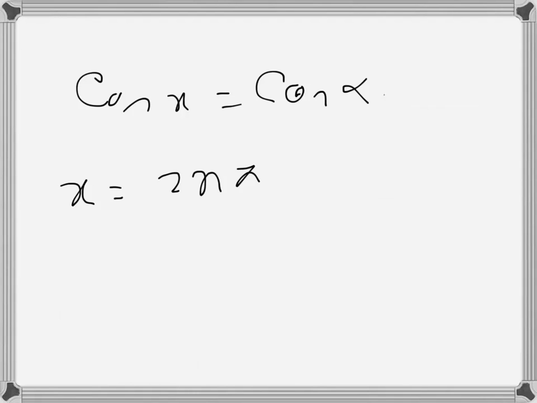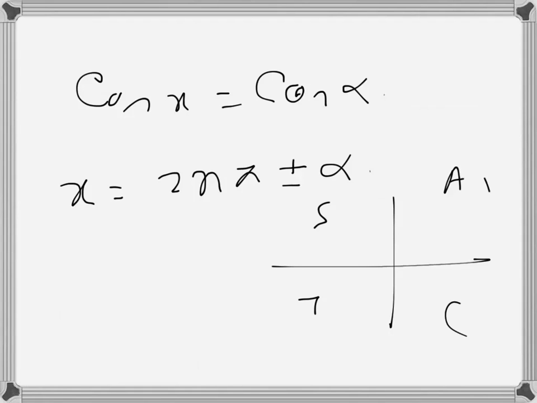Similarly, for cos, let's say cos x is equal to cos alpha. The general solution is x equals 2n pi plus minus alpha, because for cos, by ASTC, this quadrant and this one are positive. When n is equal to 0, the angle becomes this one, that's good.